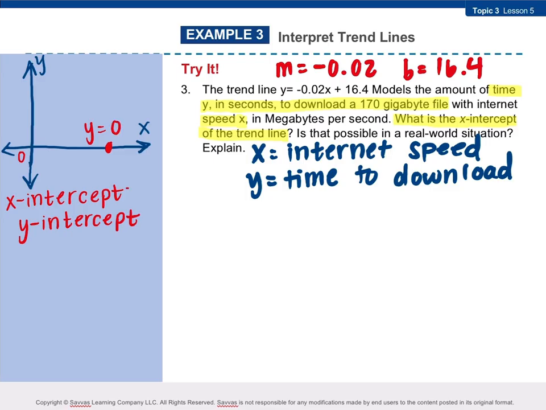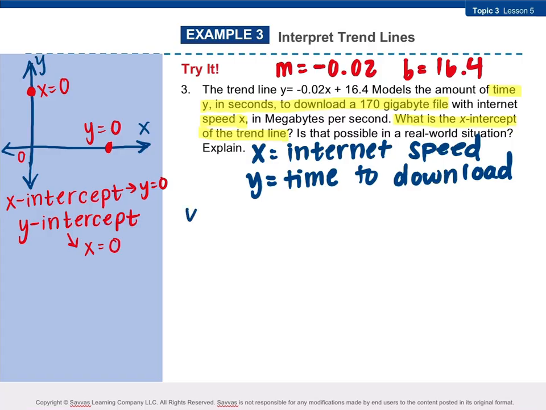So the x-intercept is actually where y is 0. And the y-intercept is where x is 0, right? If I imagine a point on the y-axis, that's where x is 0, because on my x-axis, that's the 0 point at the origin, right? So it's a little flip-flopped, but I'm going to use that information with my equation to solve it.